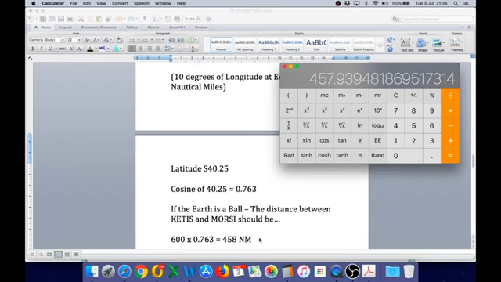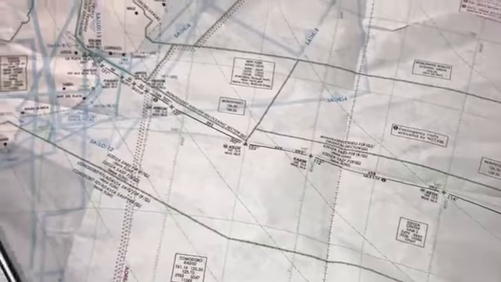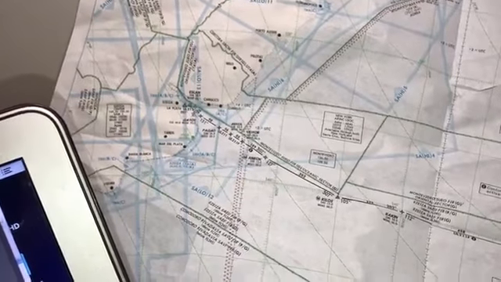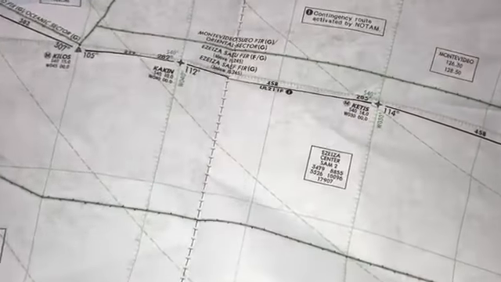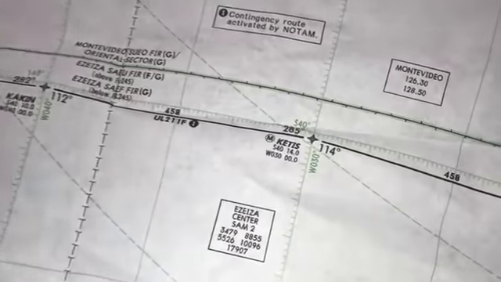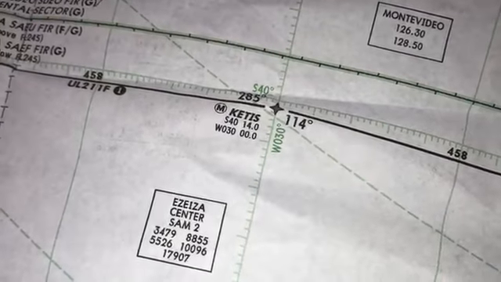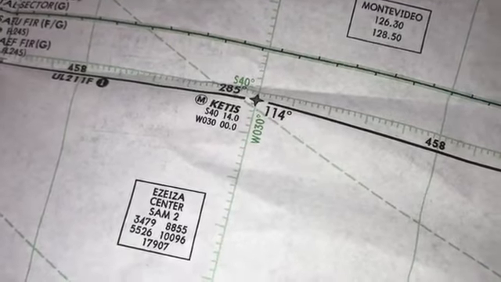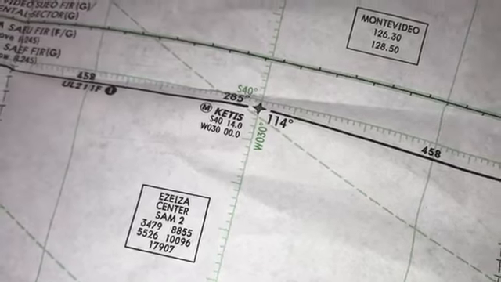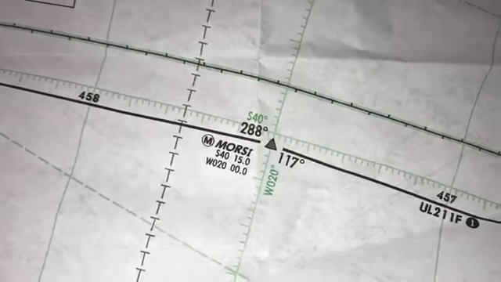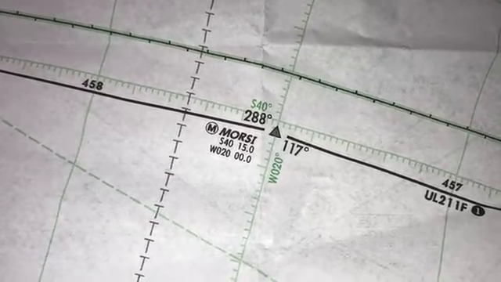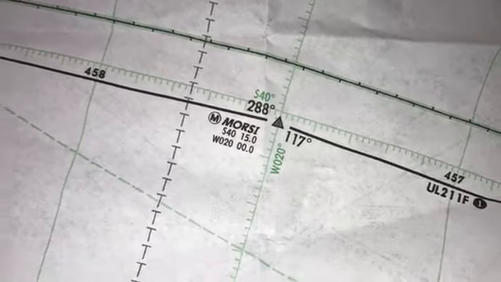So let's take a look at what the actual distance is between these two waypoints. So here is the map again. Let's focus in on Cetus. You can see the location, South 40 14, West 030. And you can see Morsi, South 40 15, West 020.